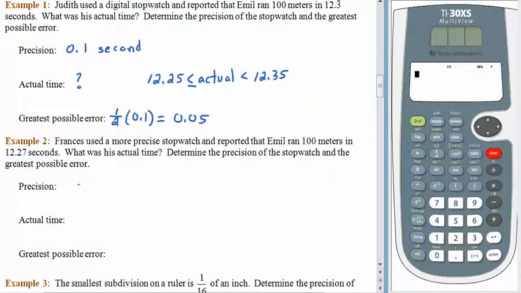All right, so Frances is watching this race as well, and she has a more precise stopwatch. Hers is precise to the 1/100th of a second.